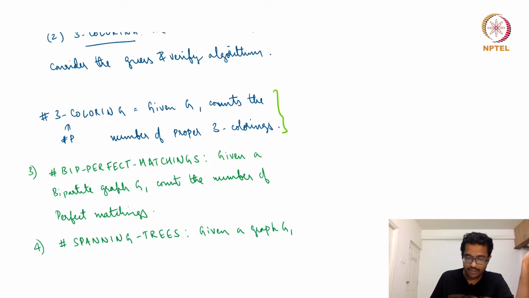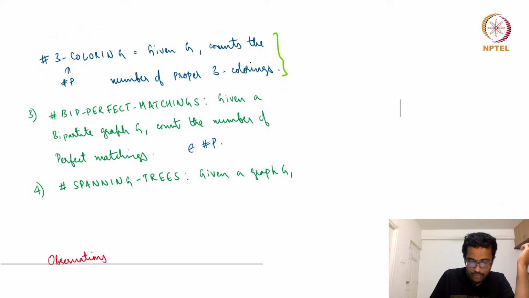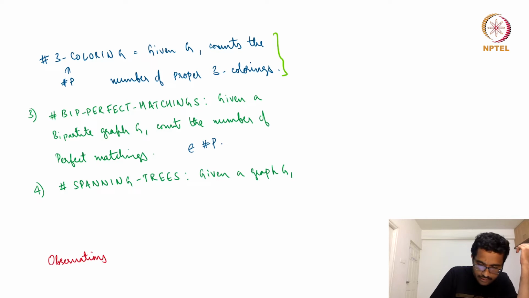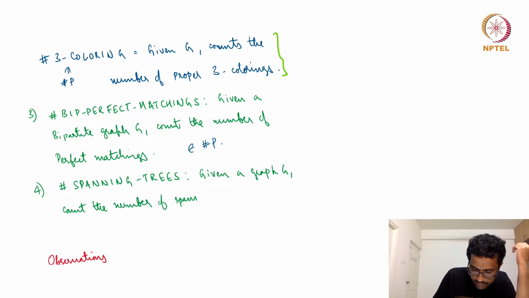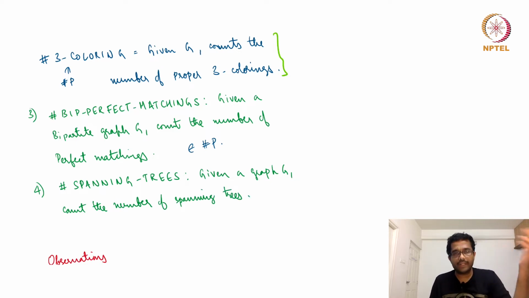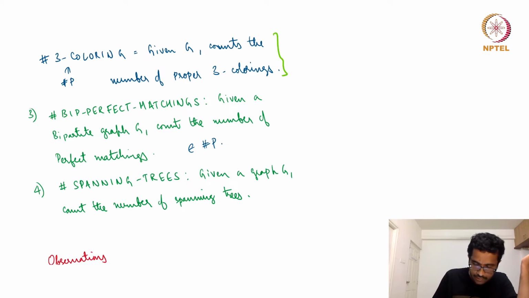This is in #P, sorry, not P but #P. And I could ask another question: given a graph G, what is the number of spanning trees of G? Again, this is also in #P.